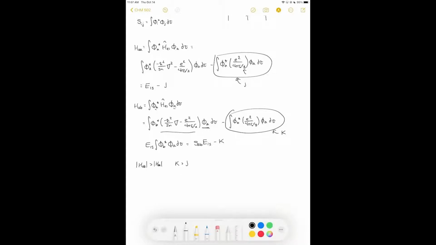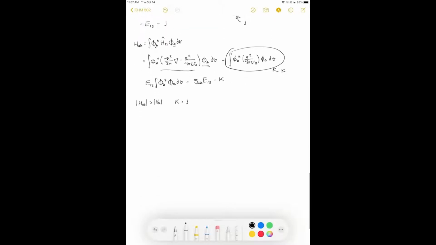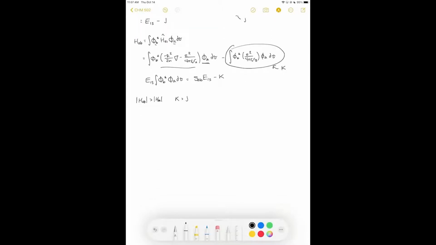Using these definitions, we can understand what happens to our energy. And we talked about this last time. We're again going through a little bit more detail about how to get this. So what we can say is that our EG is HAA plus HAB divided by 1 plus SAB. This is our definition of EG.